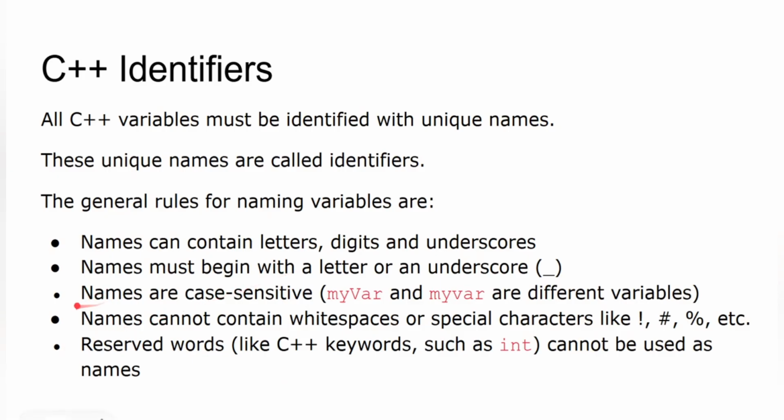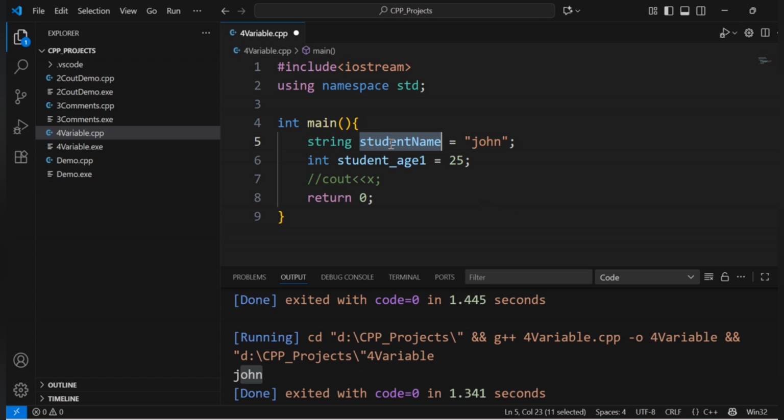Now, this point is more important: names are case sensitive. For example, the variable myVar and the variable myvar are two different variables, because here the V is in uppercase and here the v is in lowercase. Let's check that. Now we have two variables, studentName and studentAge.